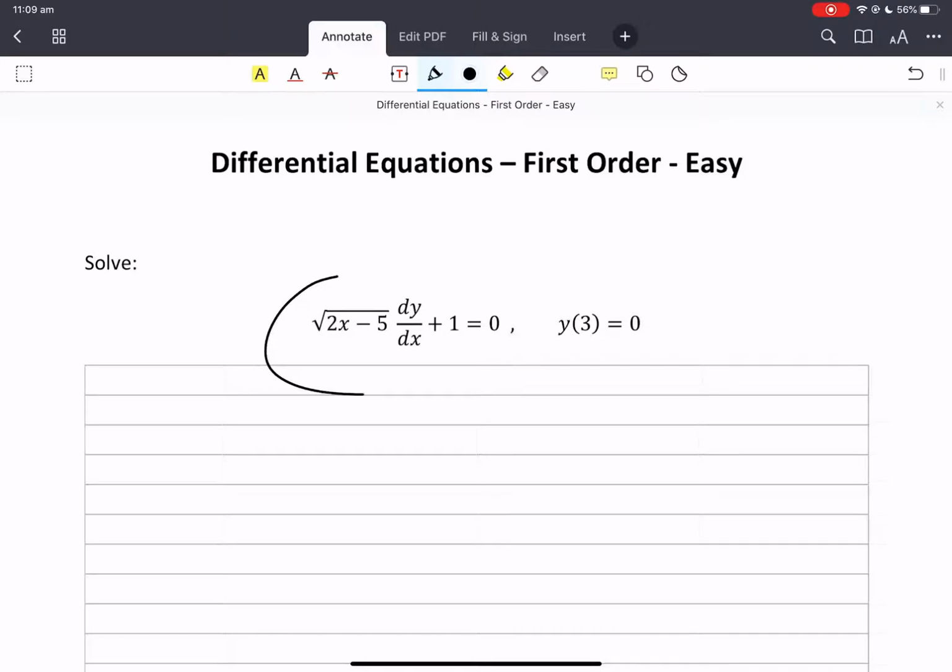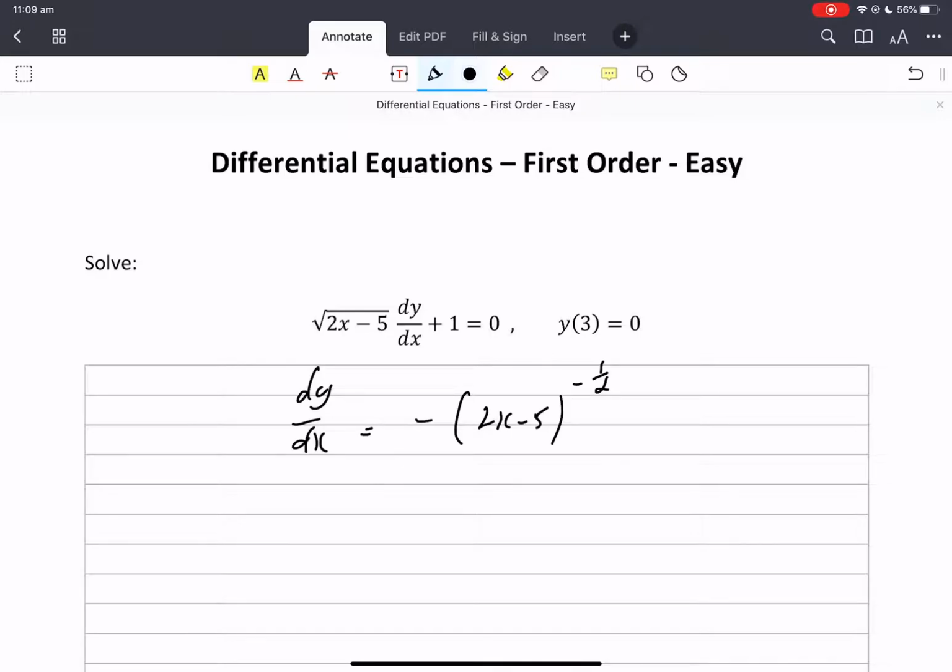Let's rearrange this. Minus 1 on root, so let's just get it in the right form. Here we go. We know we're going to have to put a power out there because in here that's a linear function.